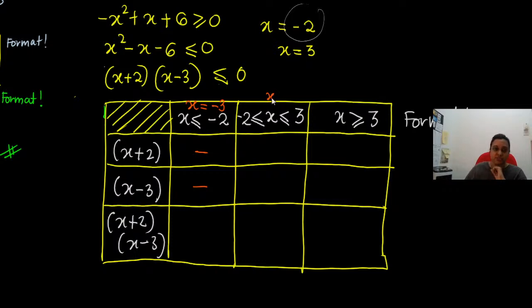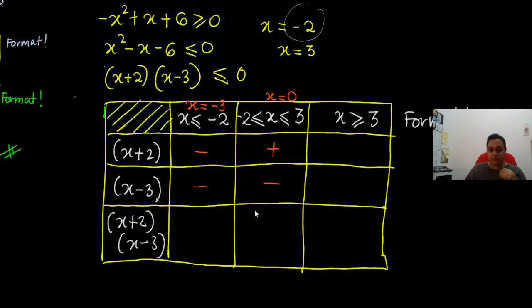Now let's choose one x value between -2 and 3. Shall we go for 0? 0 also can. x equals 0. So 0 plus 2 is 2, a positive value. 0 minus 3 is a negative value.